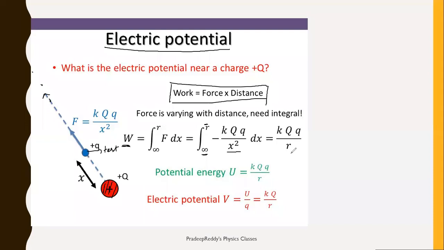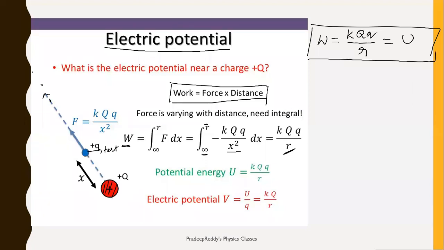So this gives you the final expression for work done, which is equal to K capital Q small q divided by R. This is equal to potential energy, right? That is called electric potential energy. Electric potential energy is the amount of work done in bringing a test charge from an infinite position to a particular value.